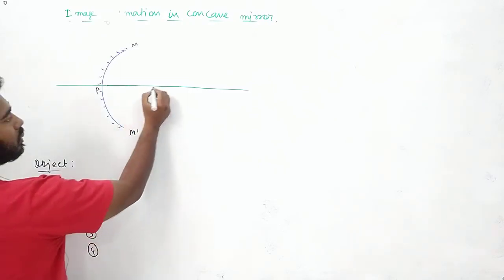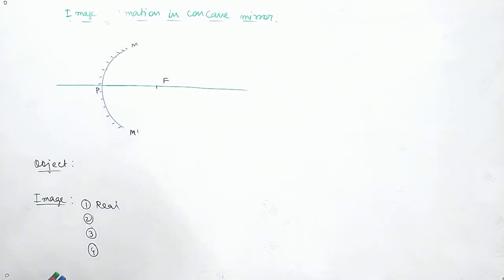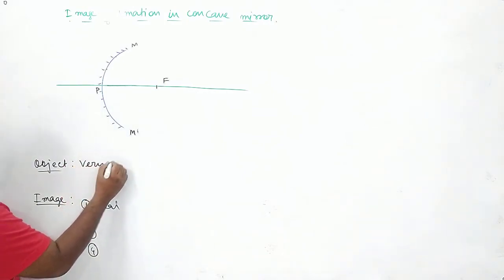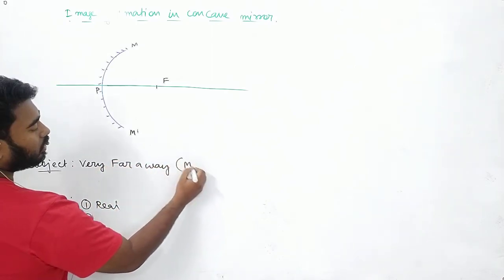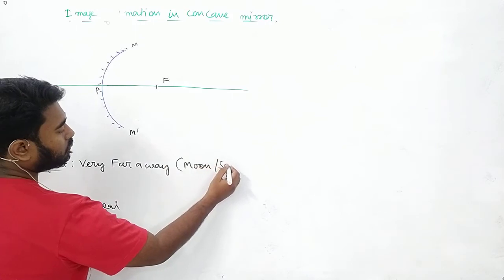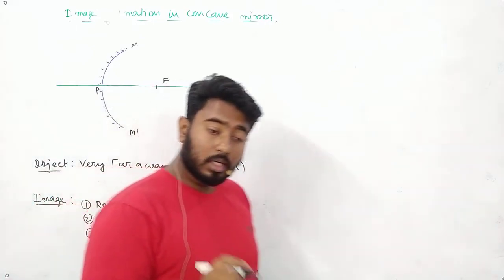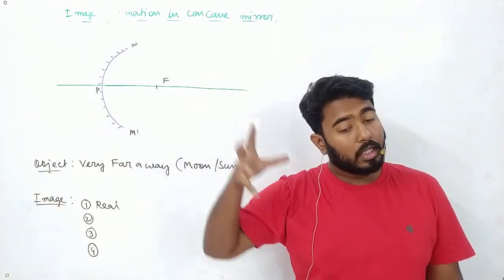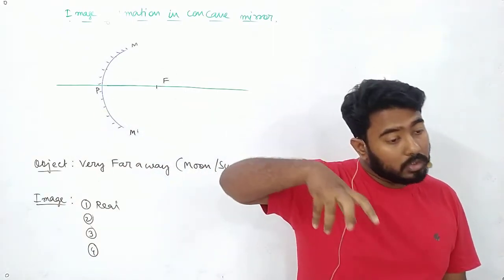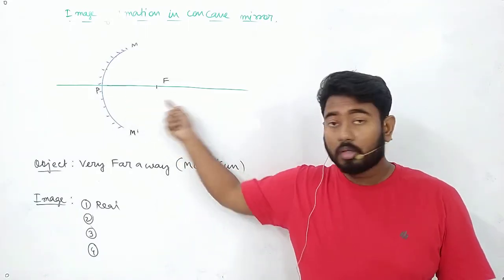Now see. This is our focus. Now where is the object? The object is very far away, like light coming from moon, light coming from sun. Now you need to remember, in this case the rays of light will fall on the mirror parallel to each other but not parallel to the principal axis.